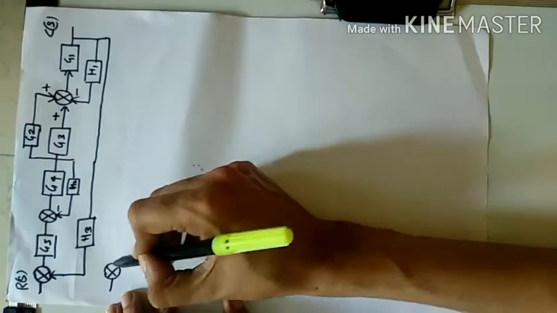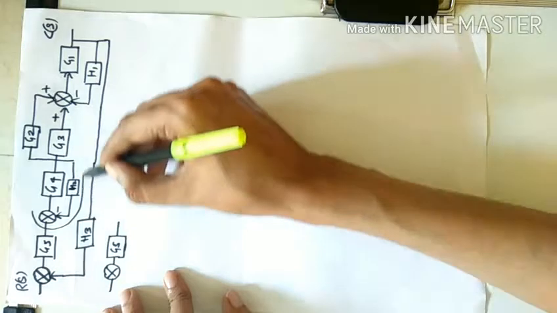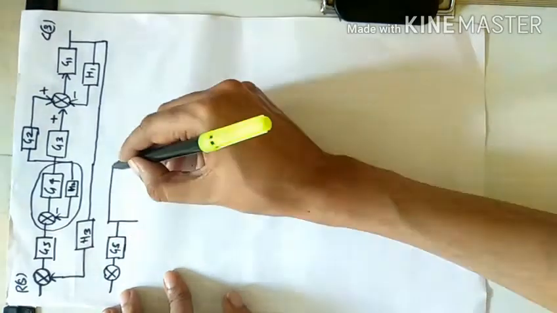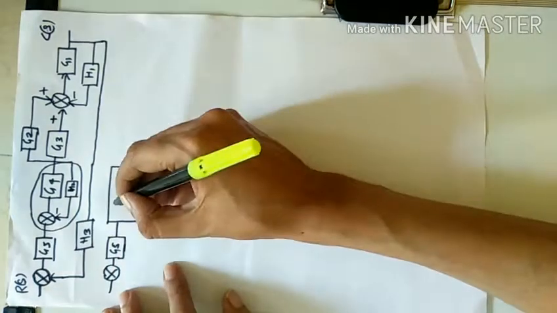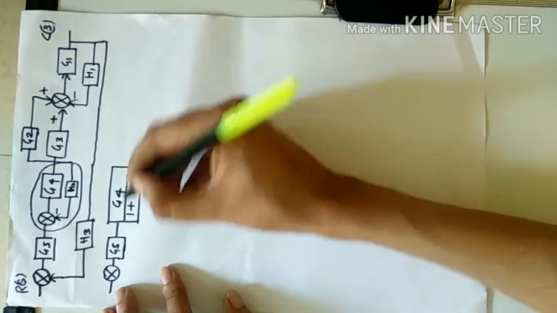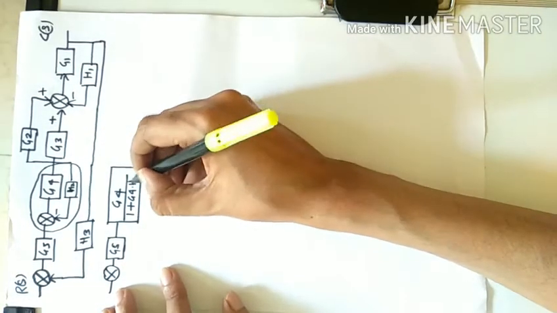Simple solution. This G5 will remain as it is. I will convert this first step. That is a simple block: G4 divided by 1 plus G4 into H2.